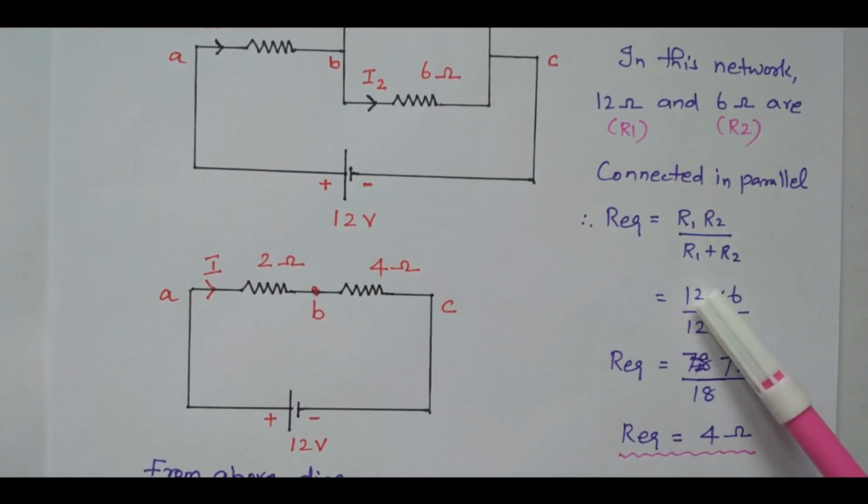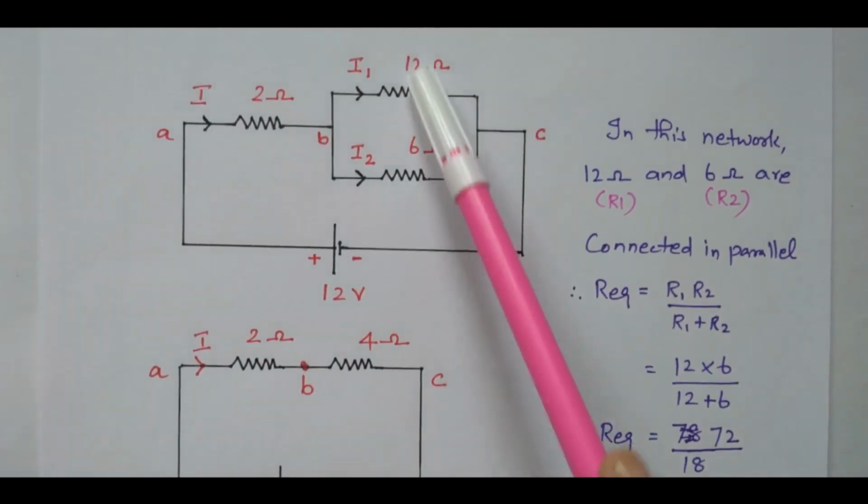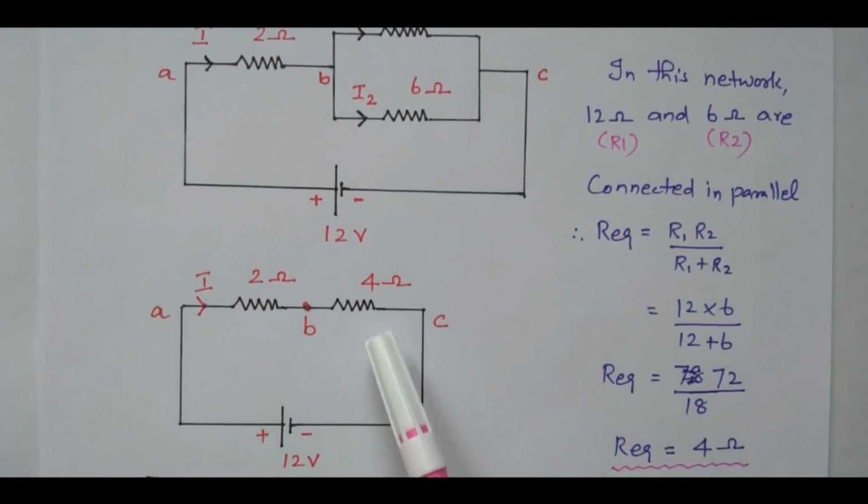R1 is 12 ohm, R2 is 6 ohm. So 12 into 6 divided by 12 plus 6, 72 by 18 is 4 ohm. Now this parallel combination is converted into a single equivalent resistor of 4 ohm.